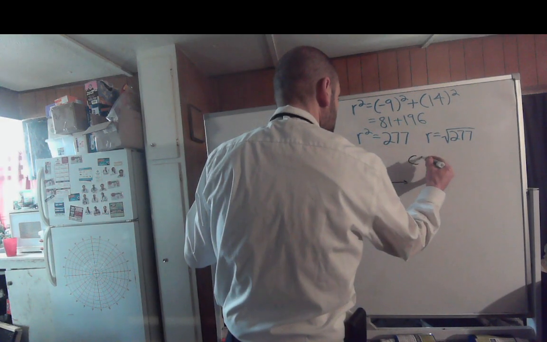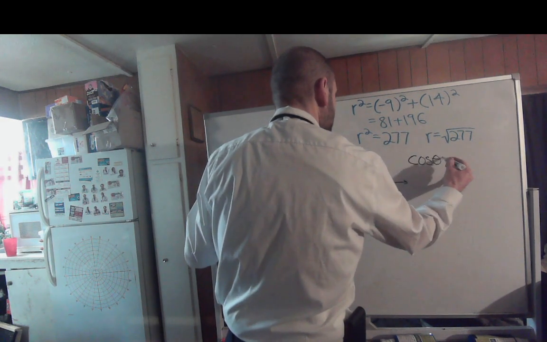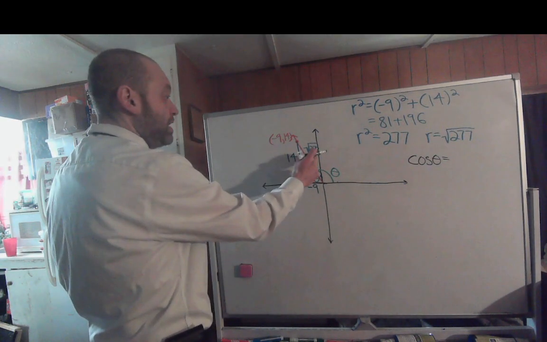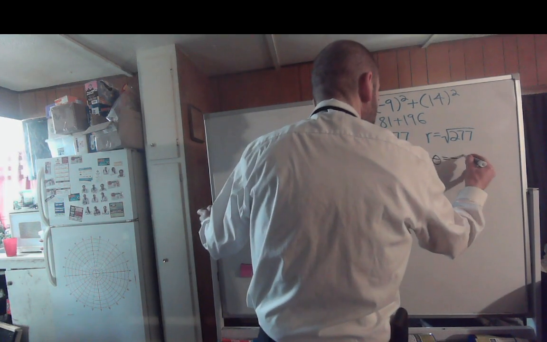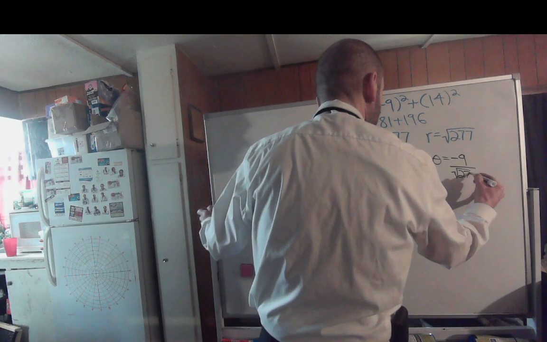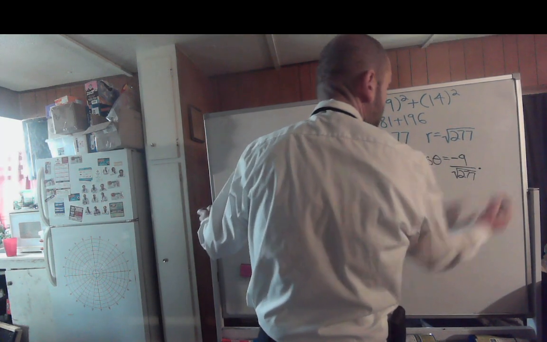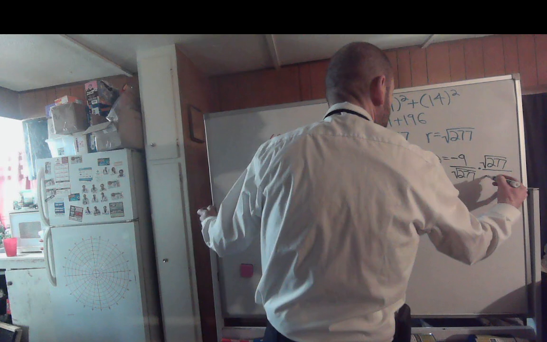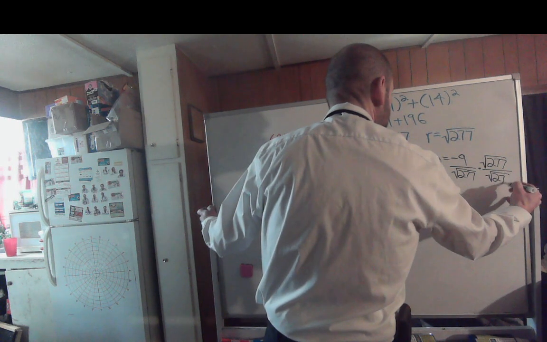So the cosine of theta, well, that's going to equal your adjacent over your hypotenuse. So that would be negative 9 over the square root of 277. And let's go ahead and rationalize the denominator, because that's the only way you get an acceptable answer.